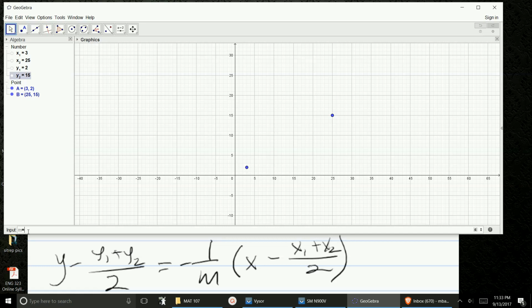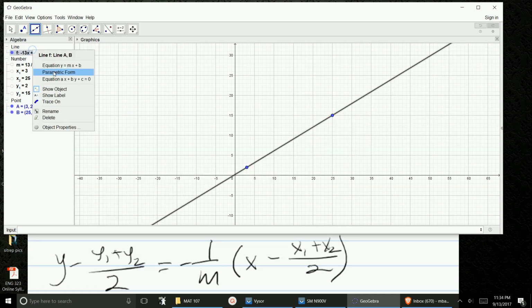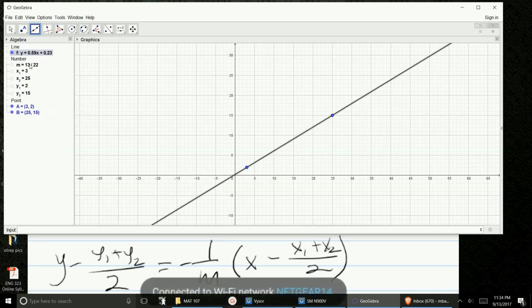So m is y2 minus y1 over x2 minus x1. It's the slope of the line between these two, right? If I plot this line and then force it to be in y equals, it's got the slope of 13 over 22.